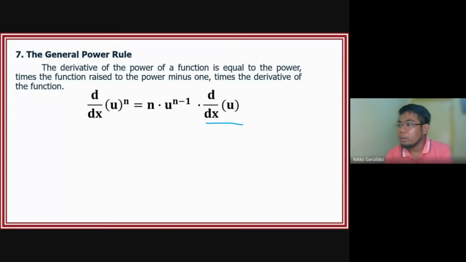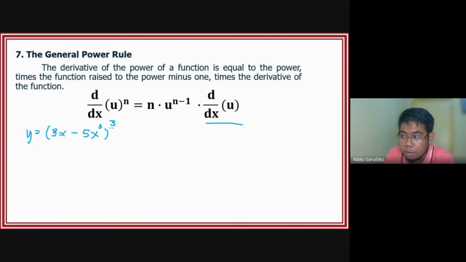So, halimbawa, meron tayong y is equal to 3x minus 5x cubed raised to 3. So, meron tayong function, 3x minus 5x cubed, naka-raise sa 3. Pag may ganyan, gagamitin natin general power rule.